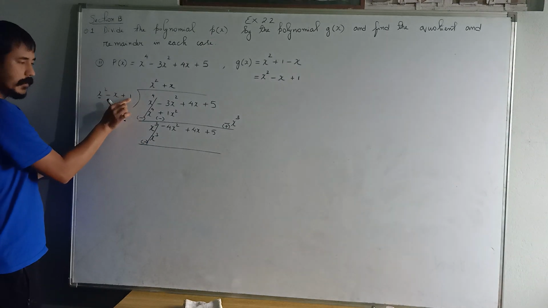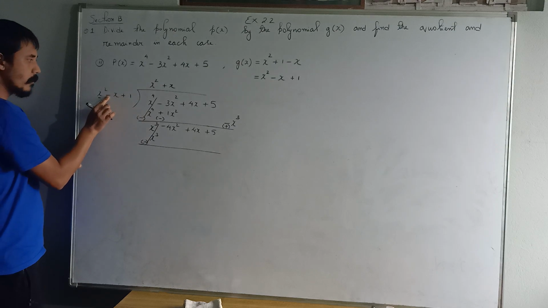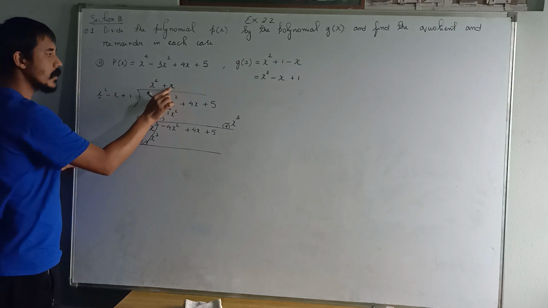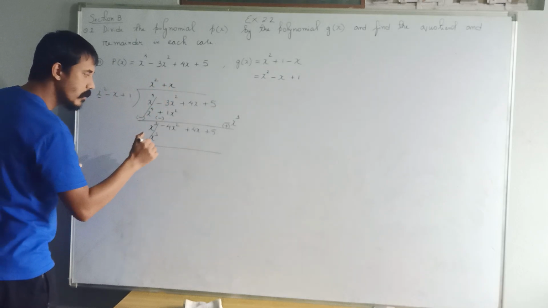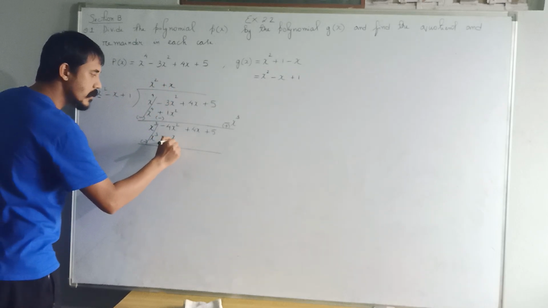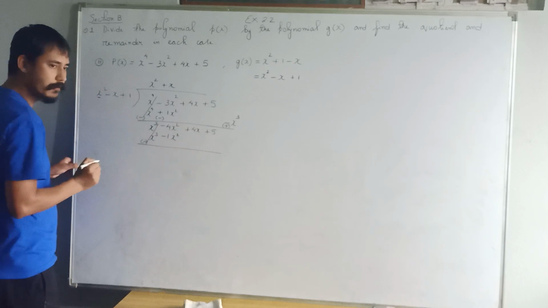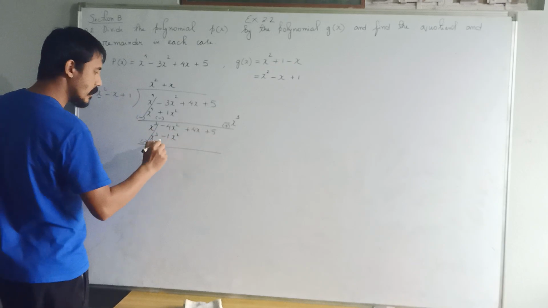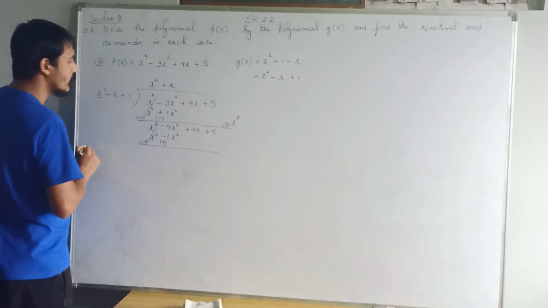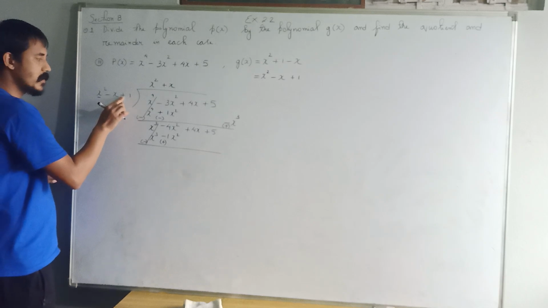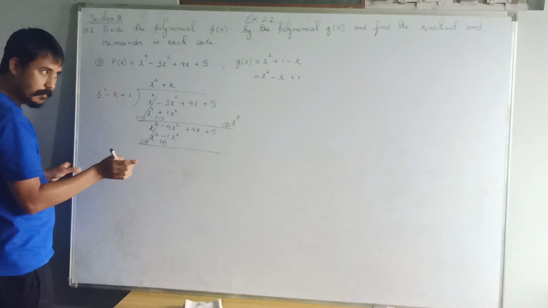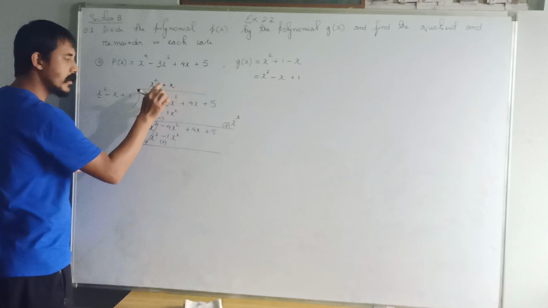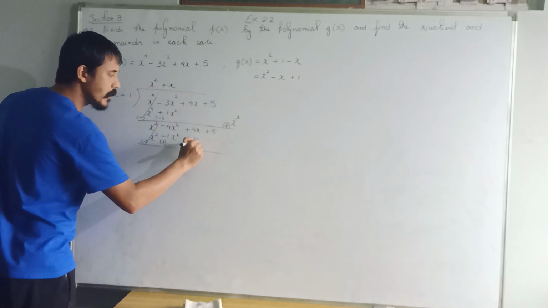Now we multiply by the remaining terms. Minus x multiplied with x gives you minus x square with 1 as the coefficient. Since this is negative, you make it positive. Now, 1 into x gives us 1x.